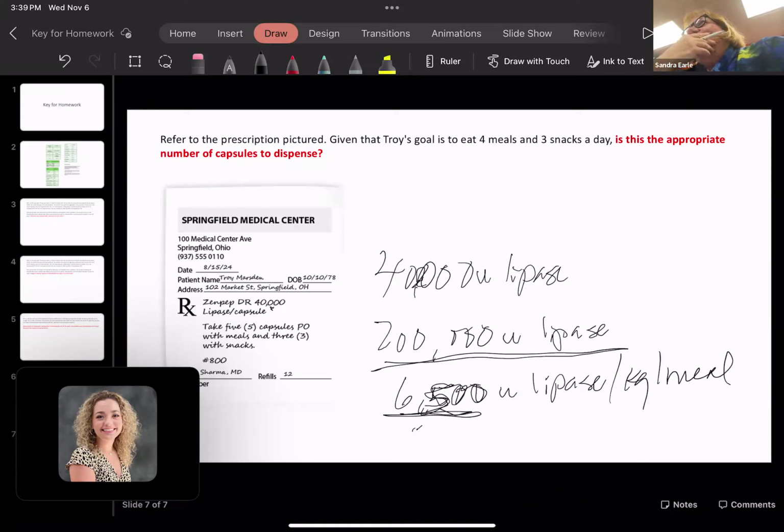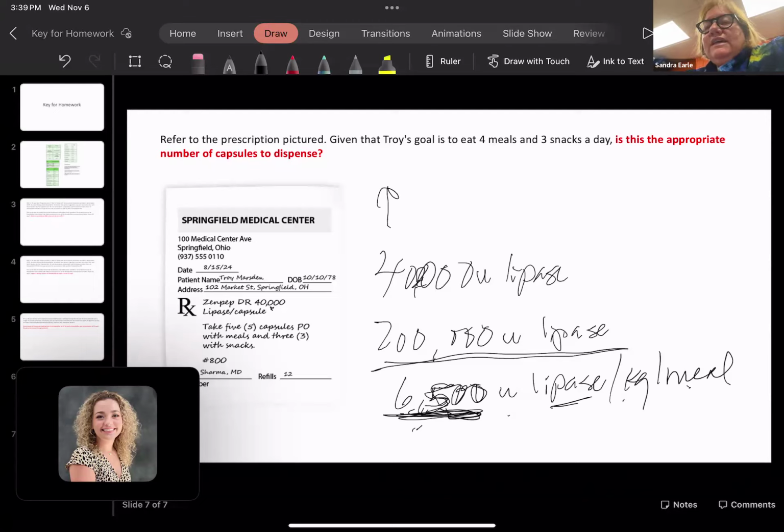And if the patient is at the high end of that, close to 6,500 units per kilogram per meal, and they still are not gaining weight and still have fatty stools and upset stomach when they eat, that means they need more lipase, and you don't want to cause an intestinal blockage.